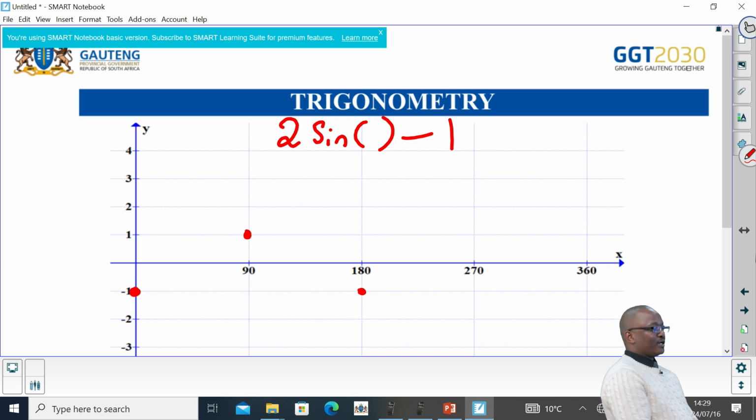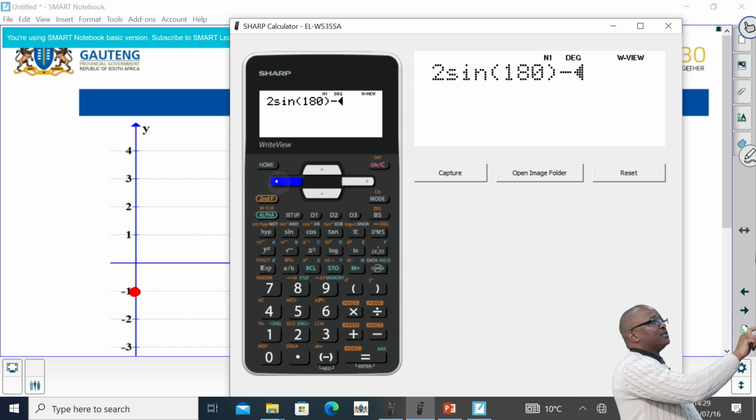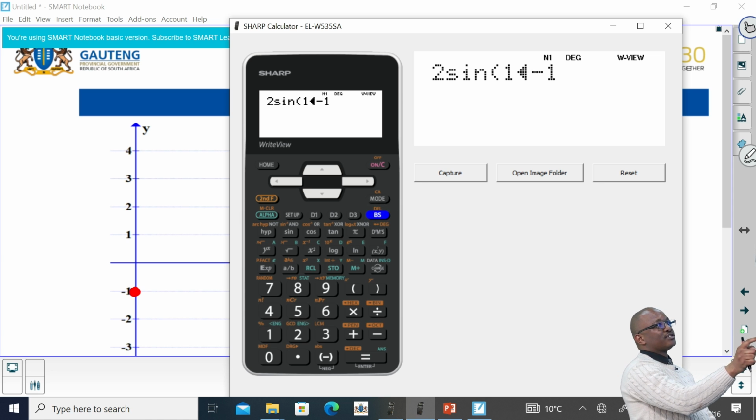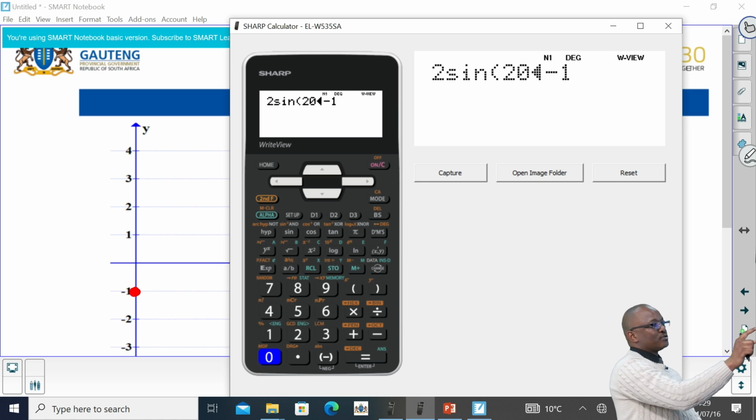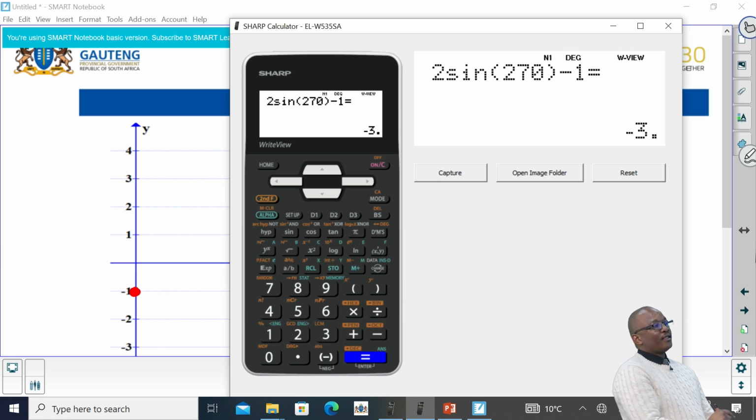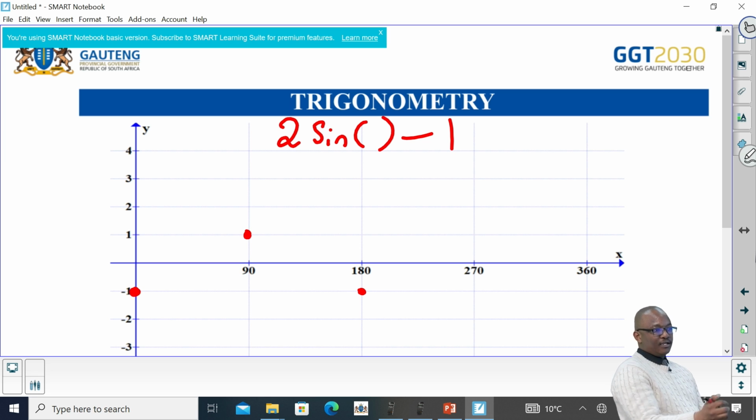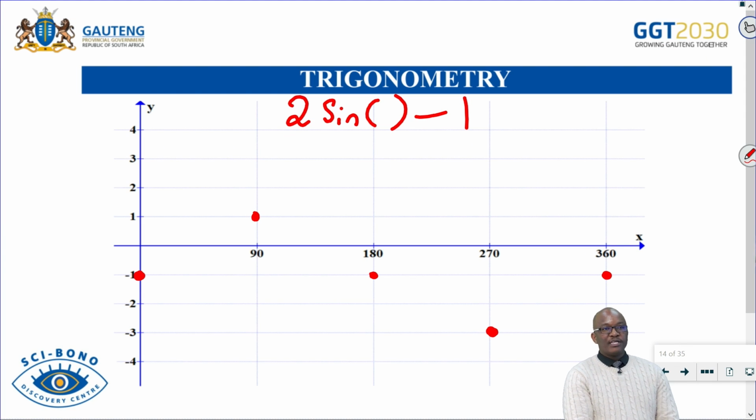Then you substitute your 270. If you say 2 sine 270 minus 1, then you'll get negative 3. So 270 and negative 3. If you substitute 360, it will take you to negative 1. So those are the points that you are going to get.